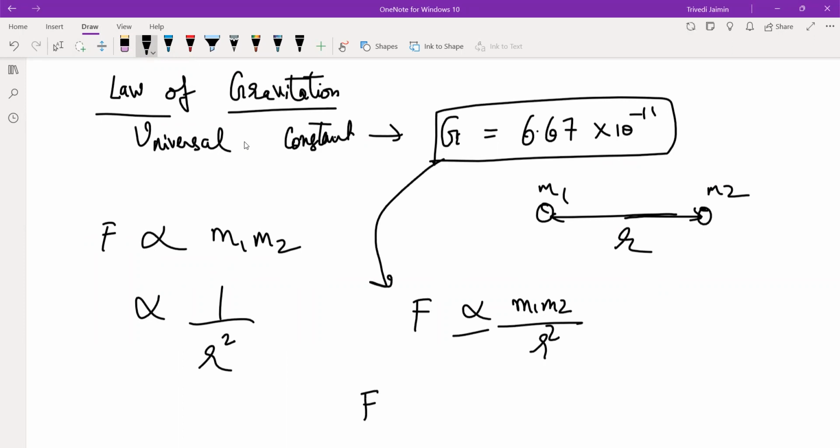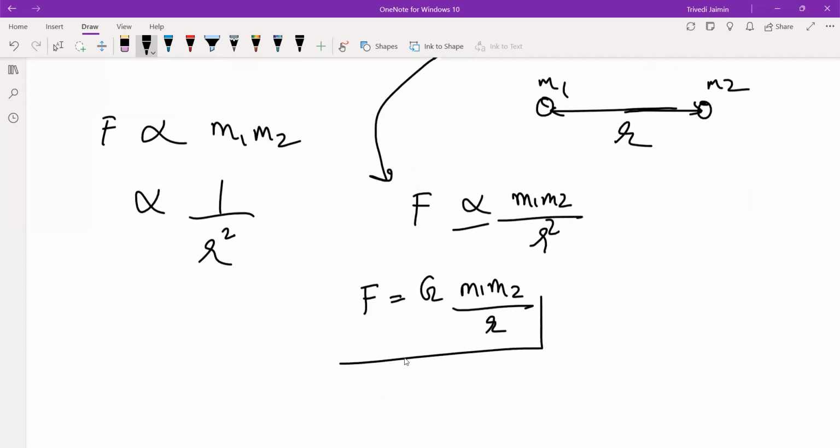So F equals capital G into M1 M2 by R square. This is the force due to gravitation.